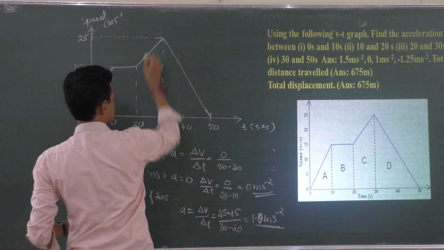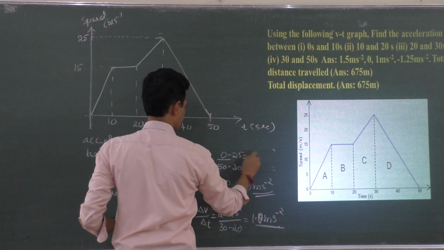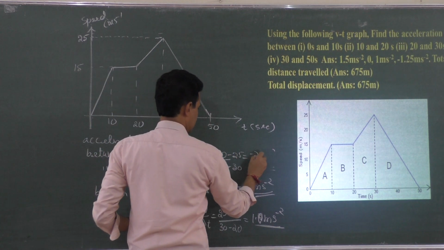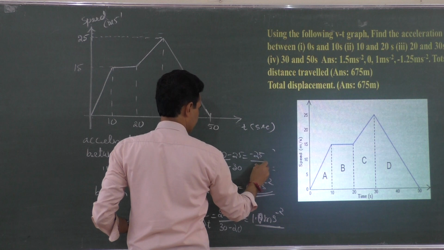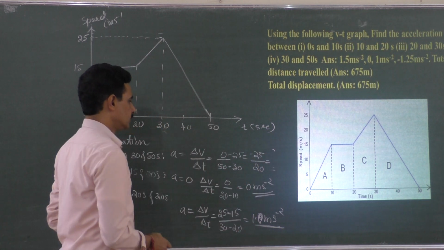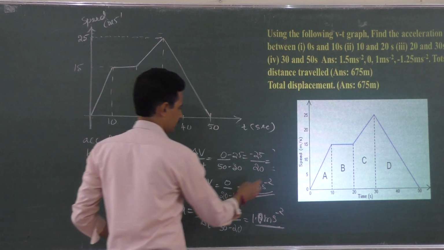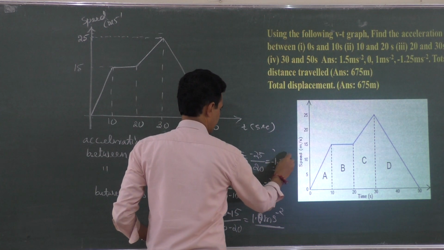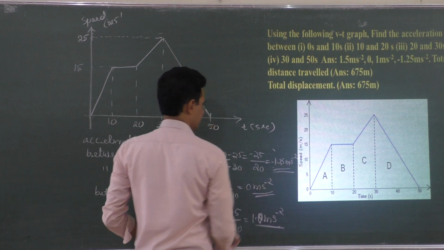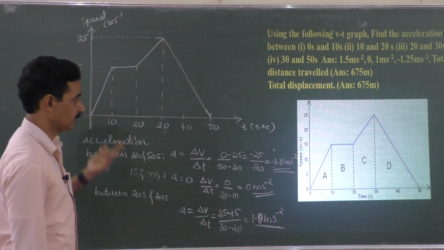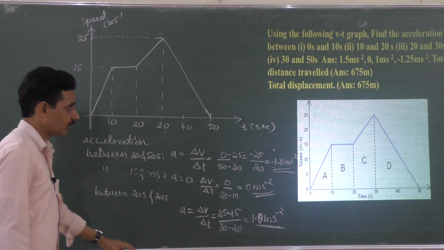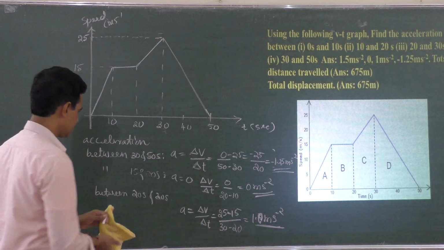What is the initial velocity? 25. Minus 25 divided by 20, that is minus 1.25 meter per second square. Yes, all the same answers are coming. So very easy.